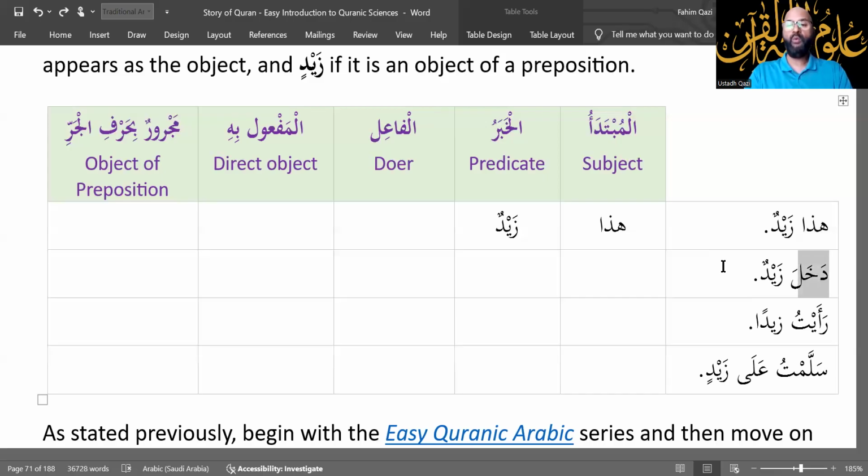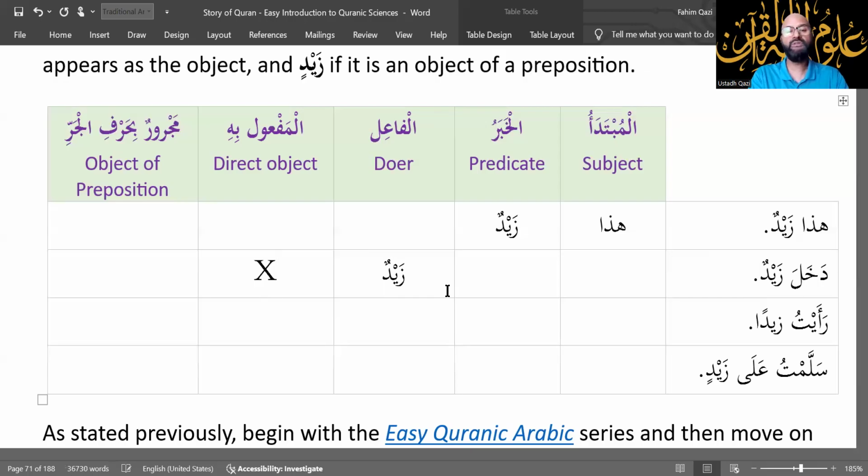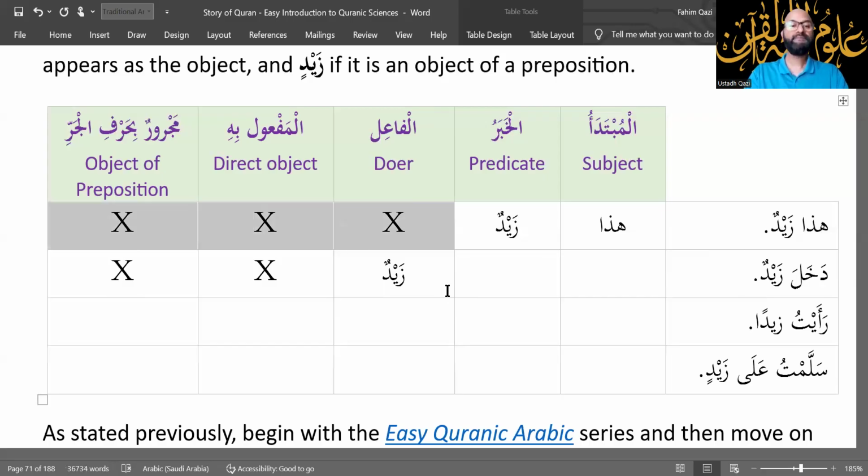So where's the fa'il? The verb is dakhala. Where's the fa'il, the doer of this sentence? The doer is Zayd because he's the one who's doing entering. So we put Zaydun here. And there's no maf'ul bihi, and there's no object of preposition. Let's make it nice and small.